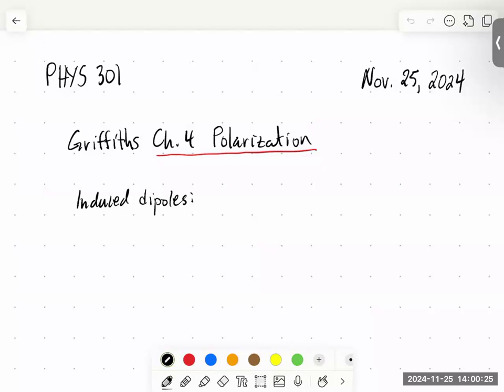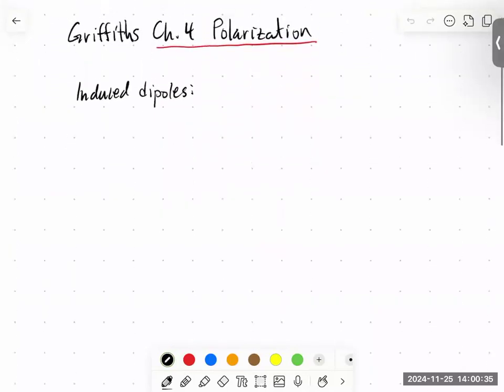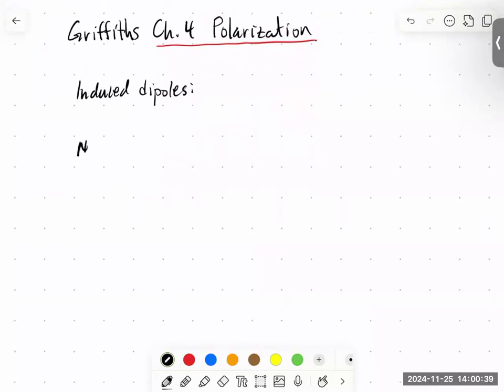All right, so what we're going to do is talk about polarization to start. And the idea is fairly straightforward. The starting point is to think about a neutral atom first in zero electric field and then in a non-zero electric field.